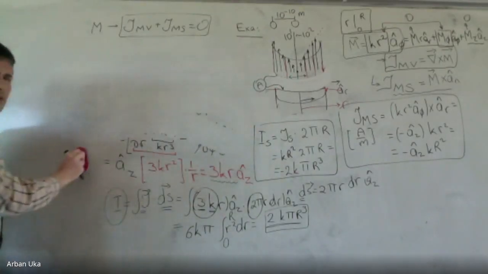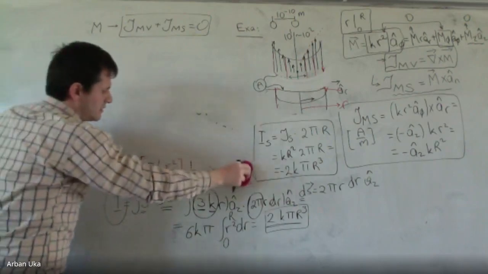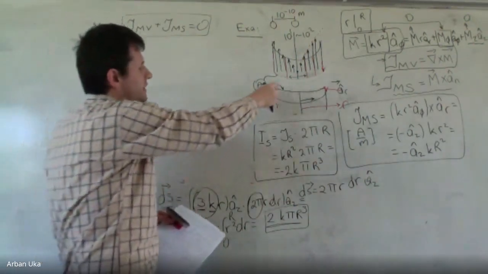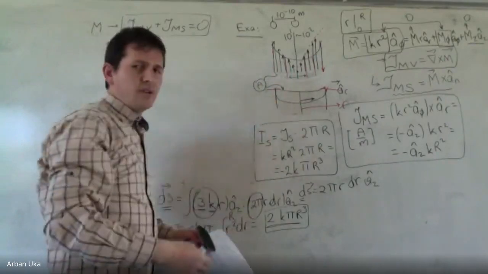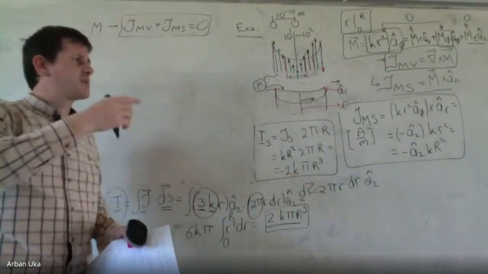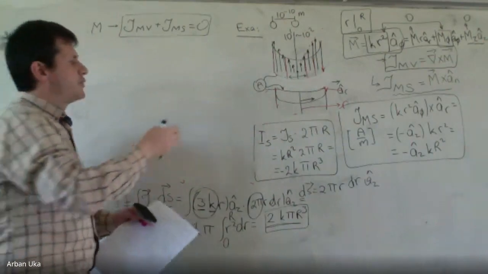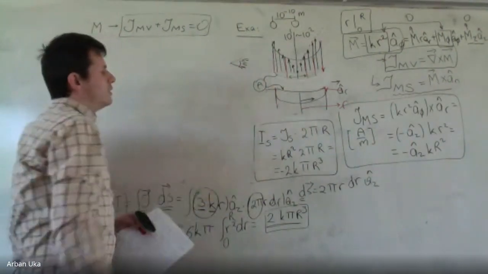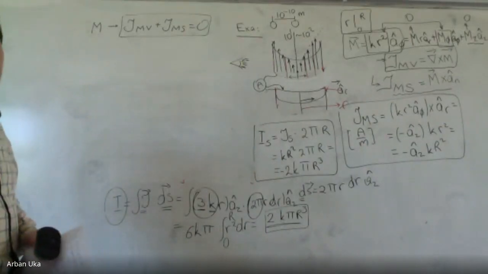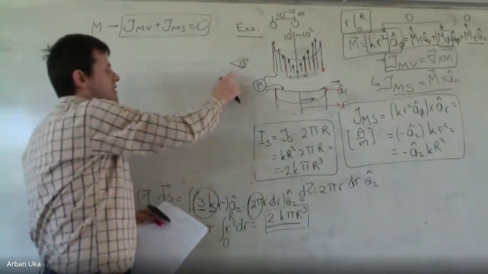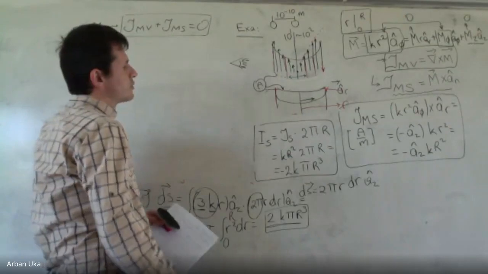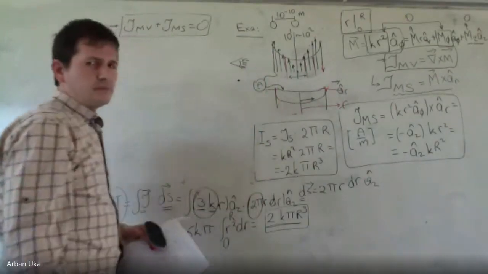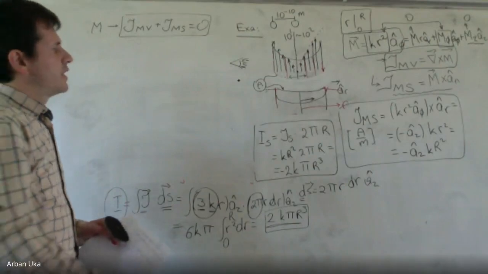But with this new information, the total current in this system is equal to 0, so we have an internal current flow in the system. But if we are an observer from here, we are seeing a system where the current is 0. So if you want to measure the current here, that's what it is. So what would be the magnetic field at a point like this? So we have.